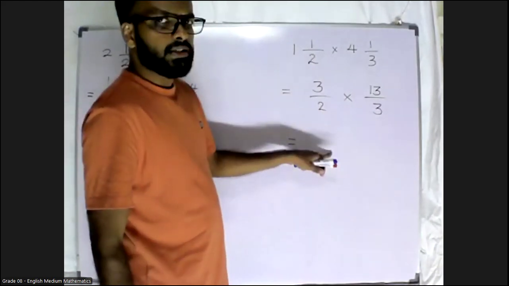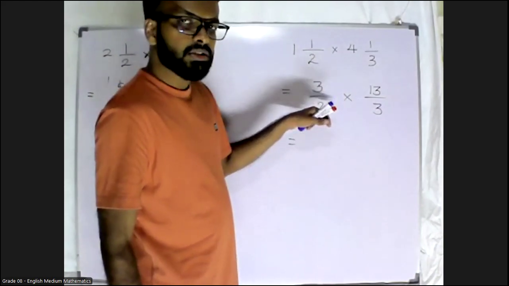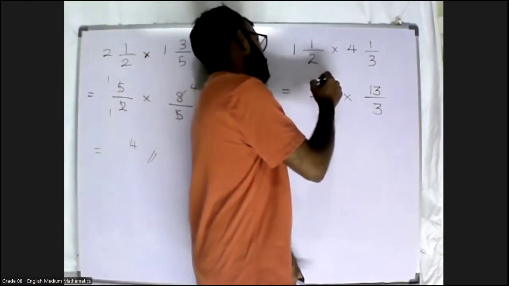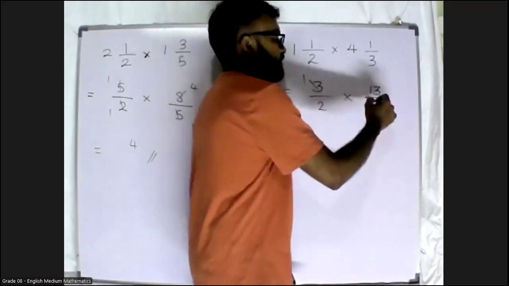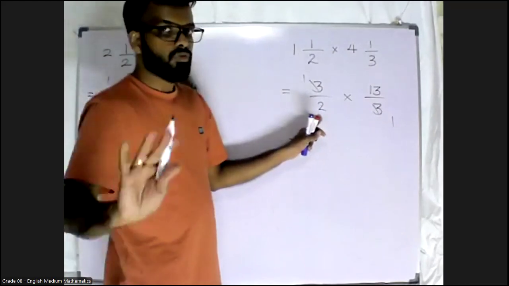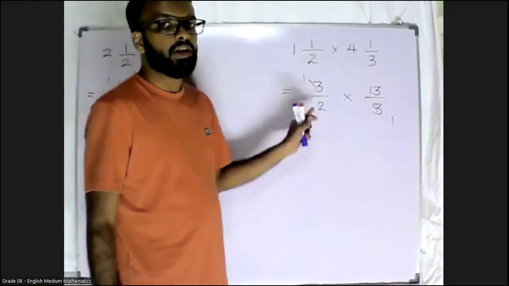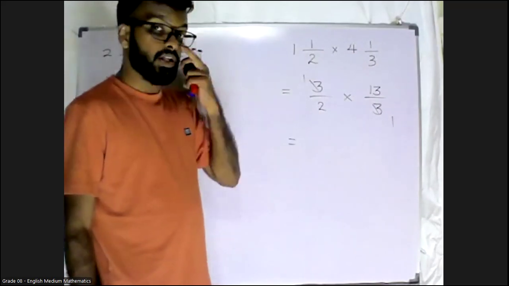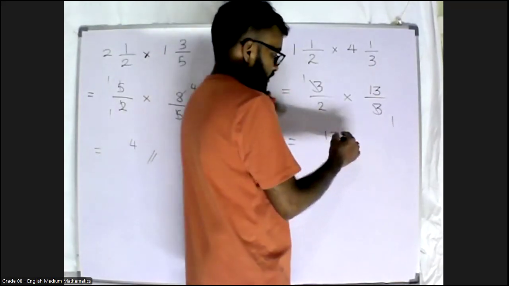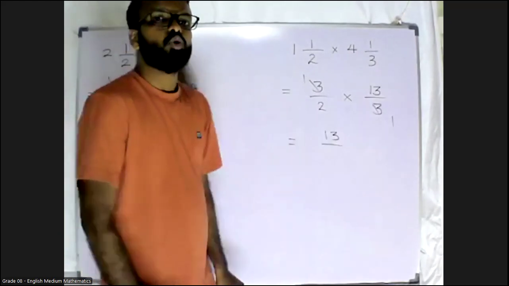Before going into the next step, can you find any common factors in the numerator and denominator? Yes. 3 times 1, 3 times 1. 13 divided by 2? No. You cannot find any common factors between 13 and 2. Odd and even.